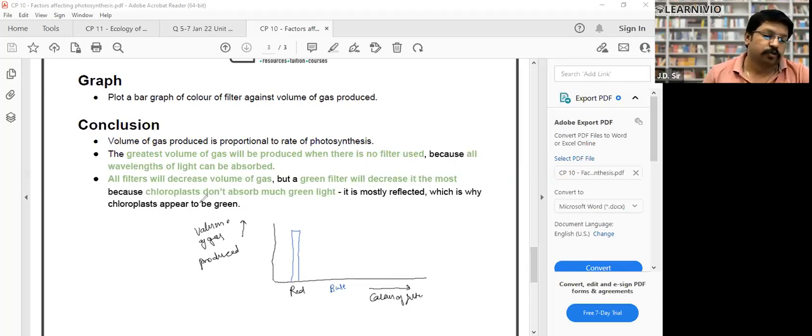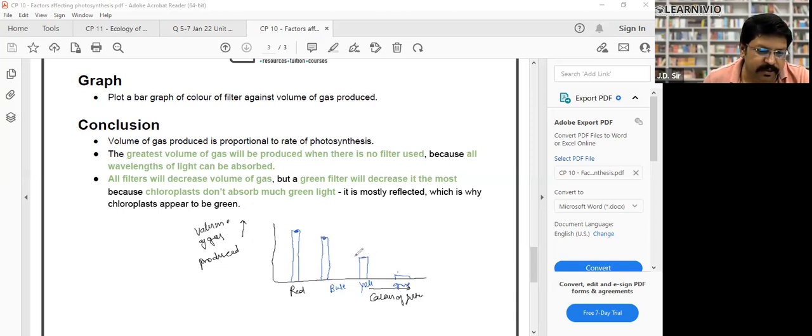Yes, you are right. It should be less than red. The rate of photosynthesis will be low in blue light, a bit low, not too much. Then take yellow color, it will be less, right? Green color, it will be the least, right? Almost none.